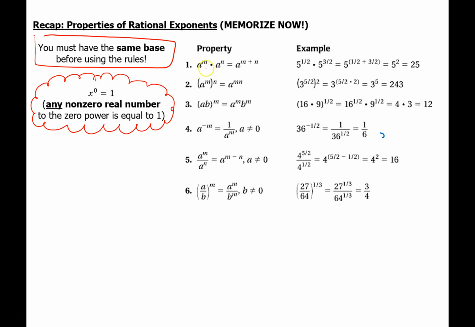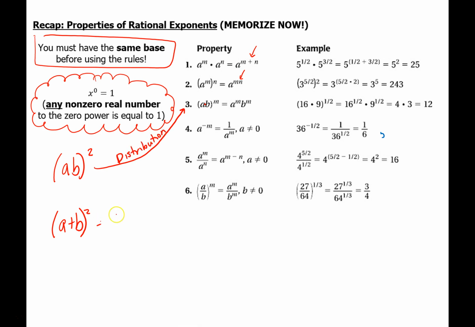Notice when your bases are being multiplied, that means you add. When you have a power raised to a power, that means you multiply. We talked about distribution when it's only multiplication inside. If you had a problem like this versus a problem like this, those are 2 different things. This one is the distribution rule.